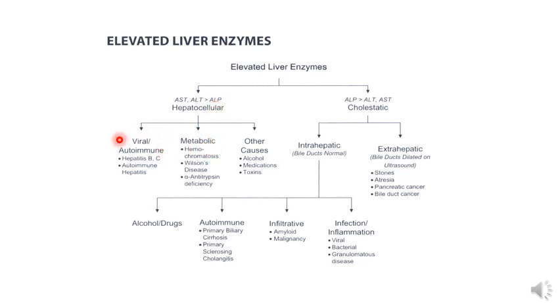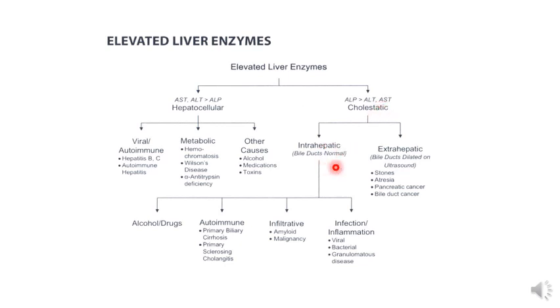So in viral problems, autoimmune affection, hepatitis B, C, and autoimmune hepatitis, metabolic causes like hemochromatosis, Wilson disease, alpha-1 antitrypsin, other causes like alcohol, medication, and toxins affecting the liver. In case of cholestasis, alkaline phosphatase is elevated more than alanine aminotransferase or aspartate aminotransferase.